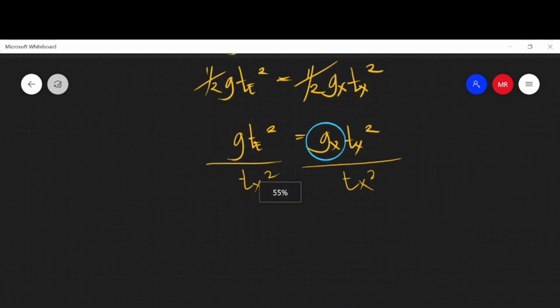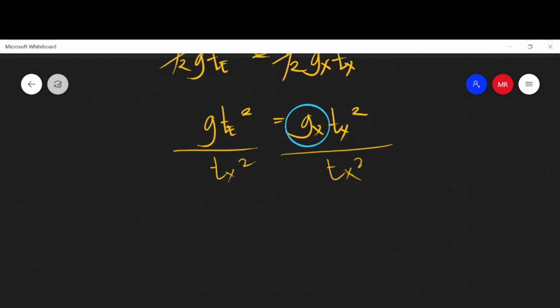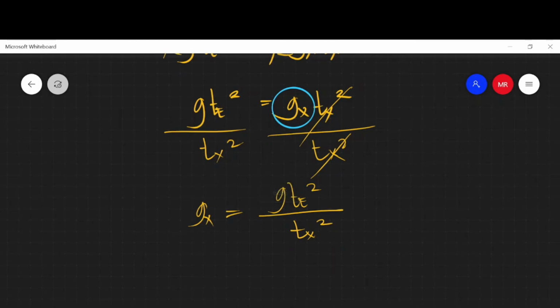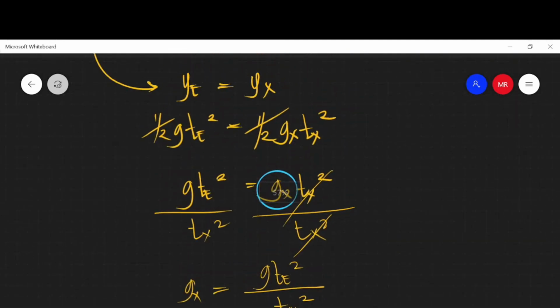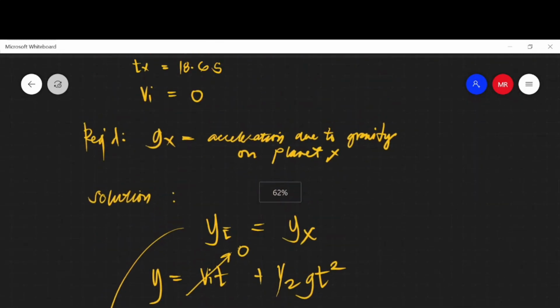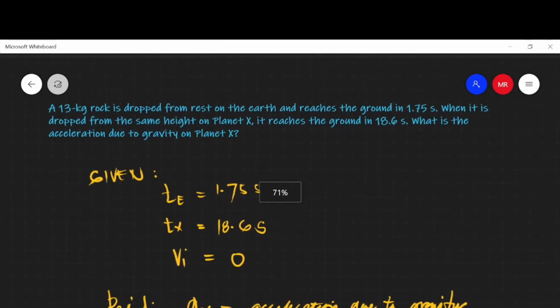So we'll have g_X, this will be cancelled, is equal to g times time on Earth squared all over time on planet X squared, where g by magnitude on Earth is 9.8 meters per second squared times the time on Earth according to the problem is 1.75 seconds.